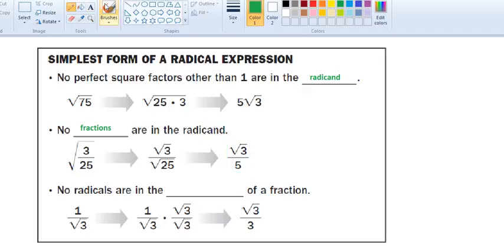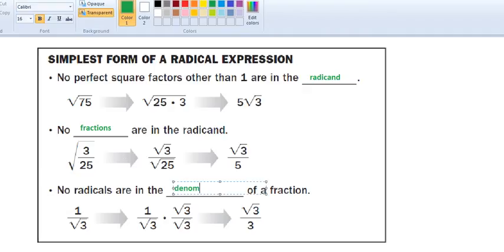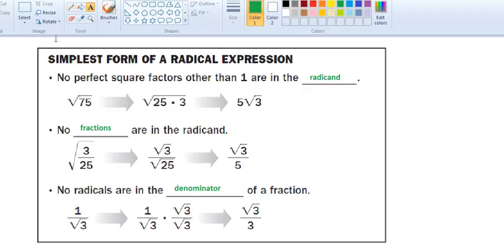Now, the next rule we have to worry about is we can't have any radicals in the denominator. That's the bottom of the fraction. So here we go. If you look at this one, this has a square root of 3 right down there. That's no good. Can't have that. So our rule here is this, and this pretty much always works like this. Square this by itself.